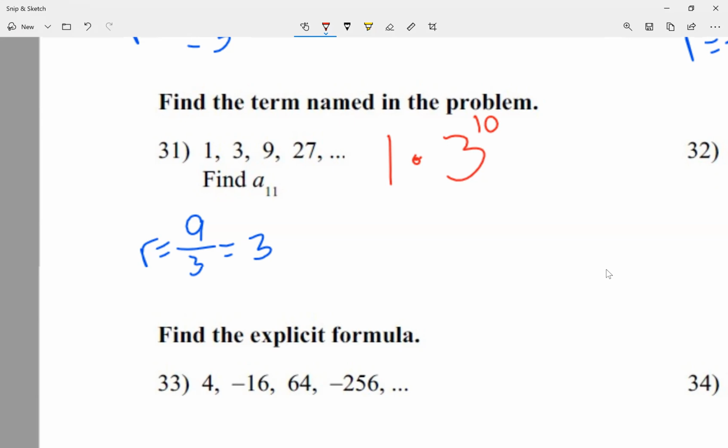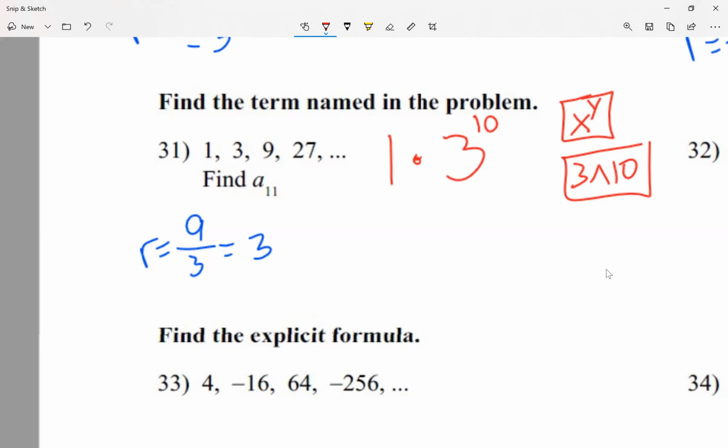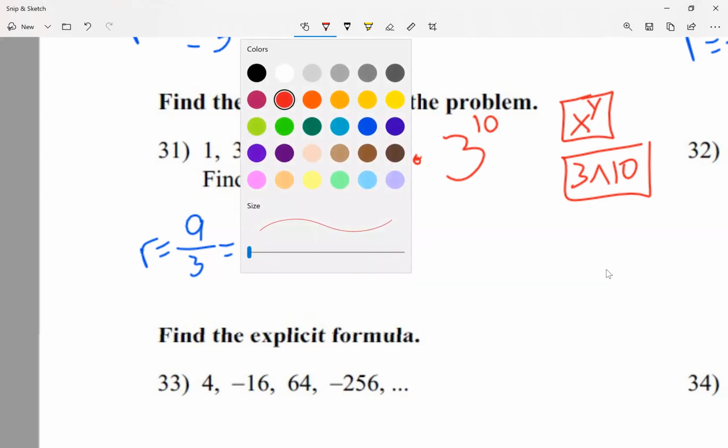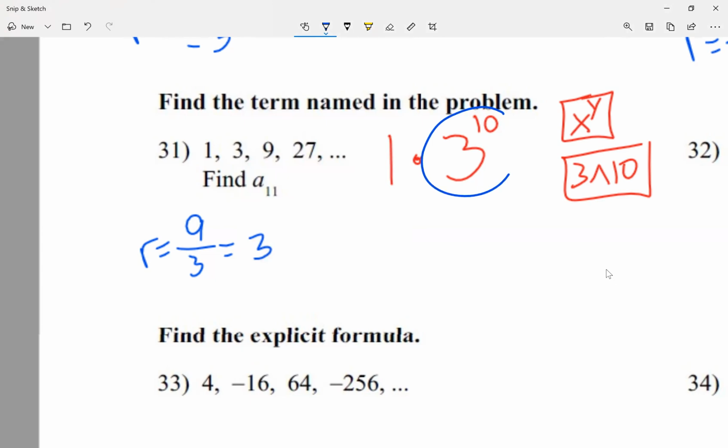Now make sure you know how to use your calculator, right? 3 to the 10th. Usually you will see a key that represents x to the y. Make sure you know how to type 3 to the 10th. Notice I'm going to do my exponent first.